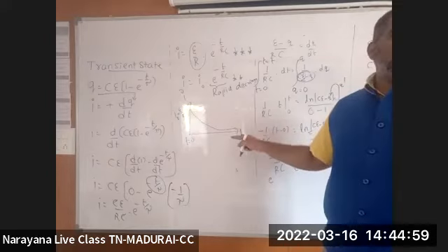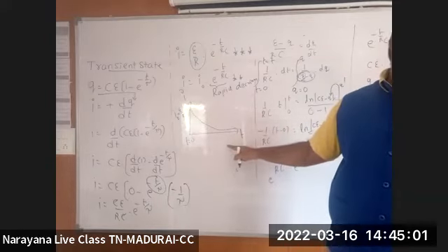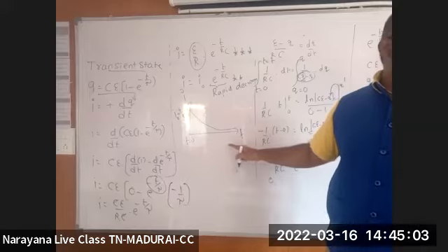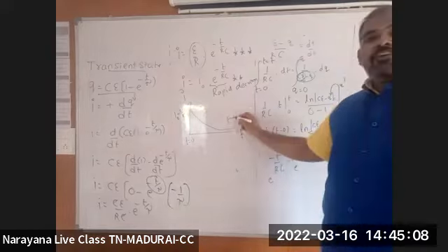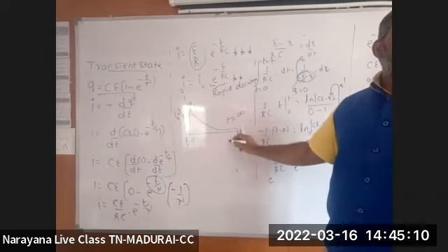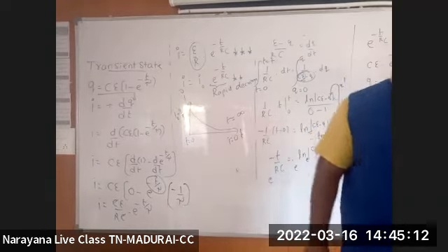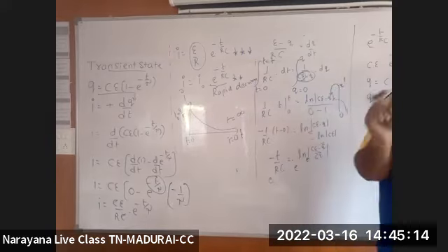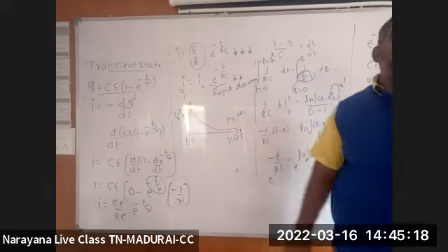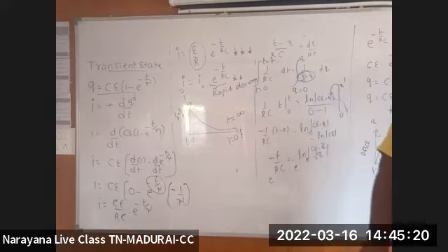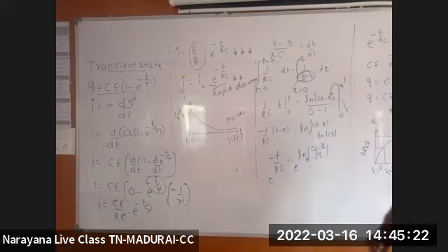Compulsorily, this graph should not touch the x-axis. There is a meaning behind that. Not touching or being parallel to the x-axis means that only after a very long time does the current become zero. So it should not touch it. If you select any graph which touches, it is over. So this is an exponential decrement.